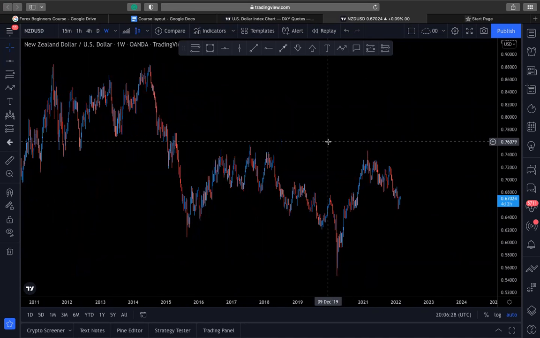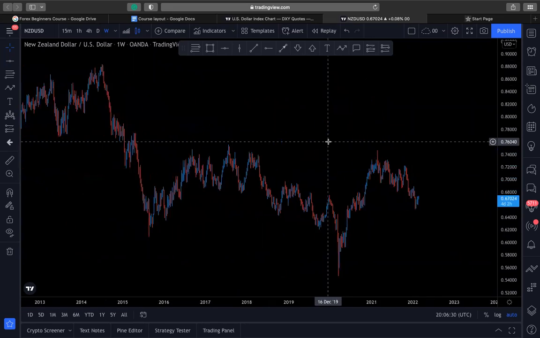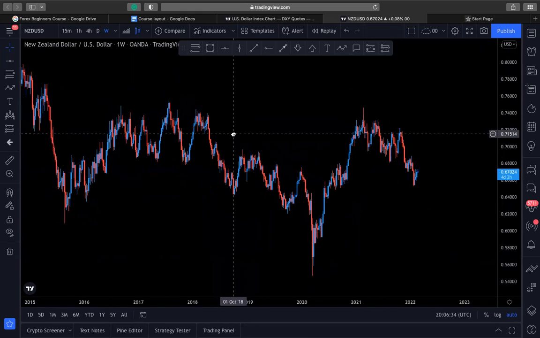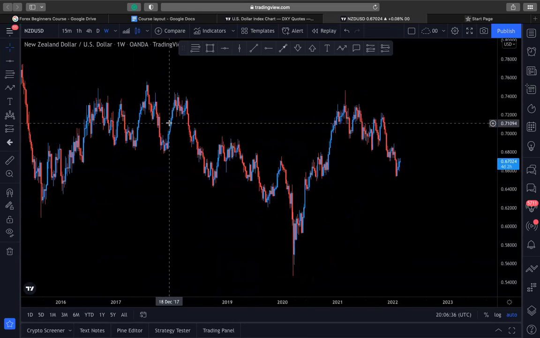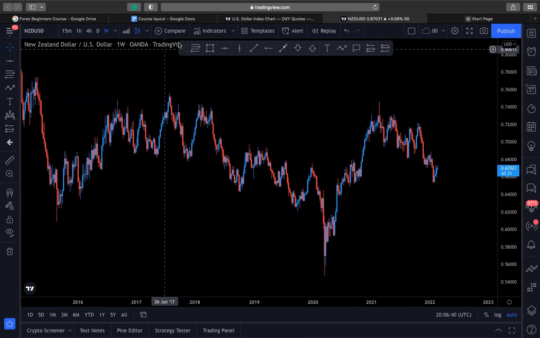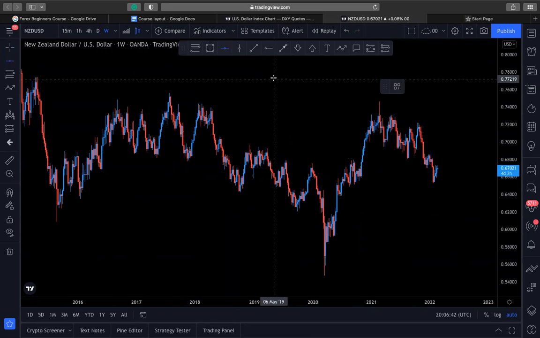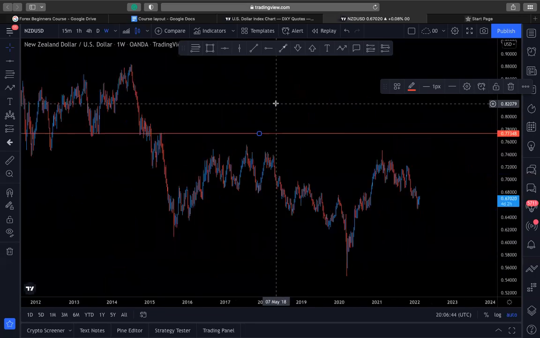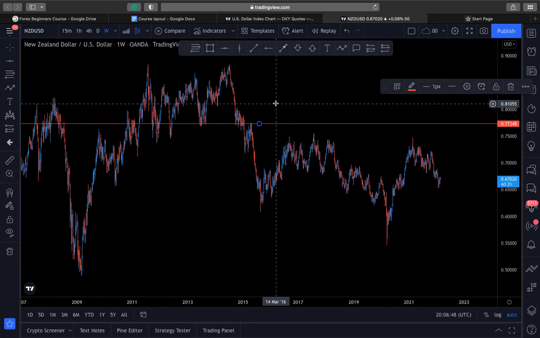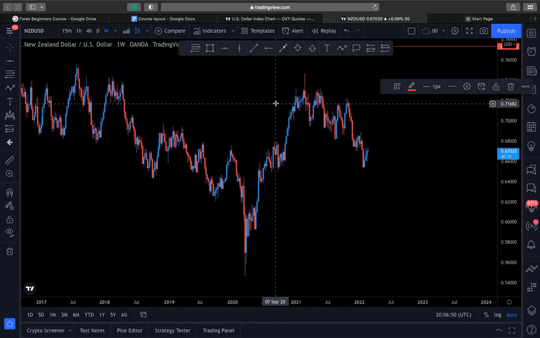First thing we're going to do is find our major, I'll say 2015ish, 2016ish type. Just get a nice good view of where price has been. First, we're going to plot that horizontal line. Where I plotted that was actually a pretty nice space, but I'm not going to plot that one.